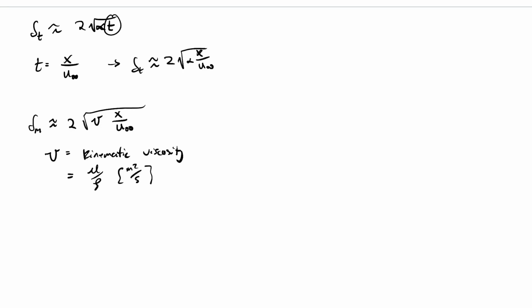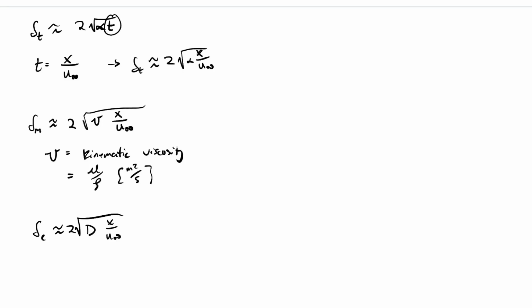Kind of interesting. All right, so we do this for heat, and we can do this for momentum. We won't do it in this class, but you can also do this for species diffusion. You write the same thing. You call it delta, I don't know, concentration or something like that. That would be approximately 2 times some diffusive constant for a species times x over u infinity.